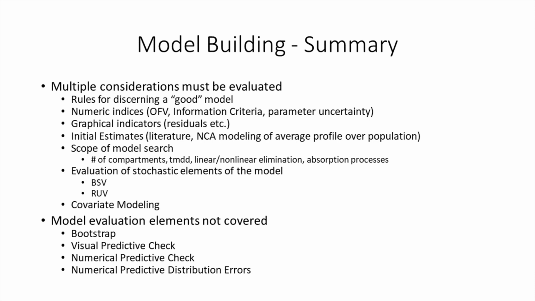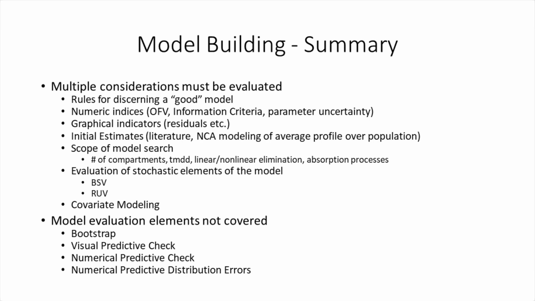We have to come up with initial estimates. We can go to the literature or do a non-compartmental analysis of the average profile over the population from data that have been generated. We decide on a scope of the model search. What is an appropriate space to search in terms of number of compartments and different processes, linear, nonlinear elimination, absorption processes? How do we handle the stochastic elements of the model, the between subject variability?